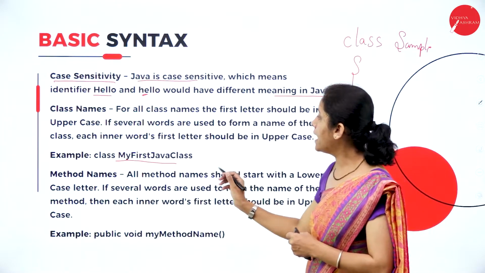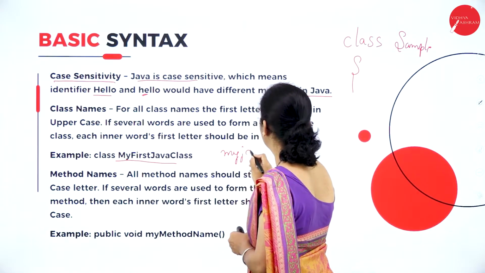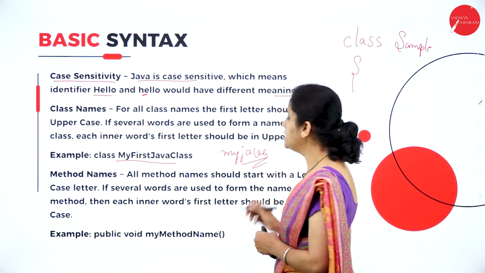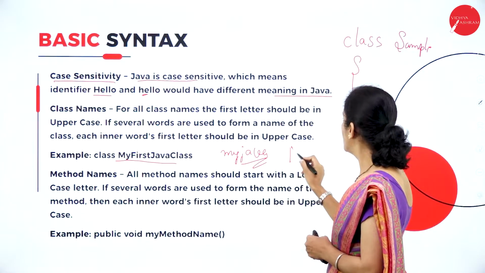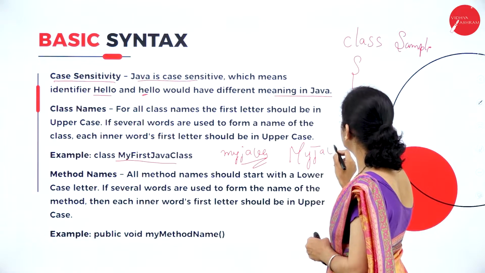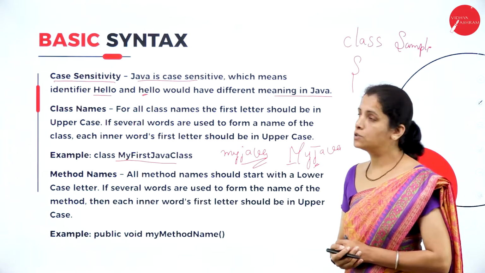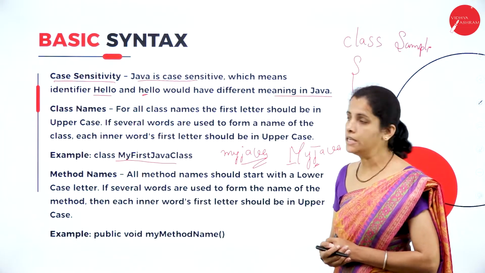So if I write my Java, this is going to have a different meaning than MyJava. See here, M is a capital letter and J is a capital letter. That is nothing but the case sensitivity.